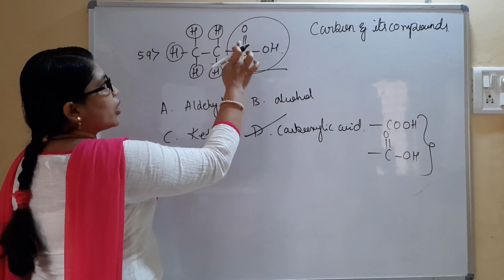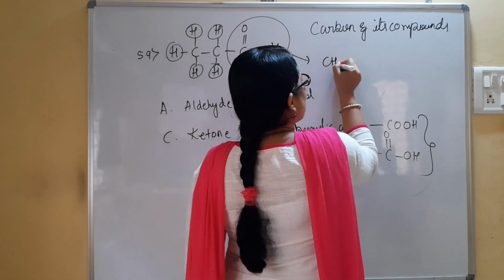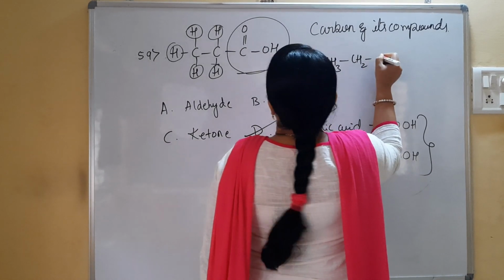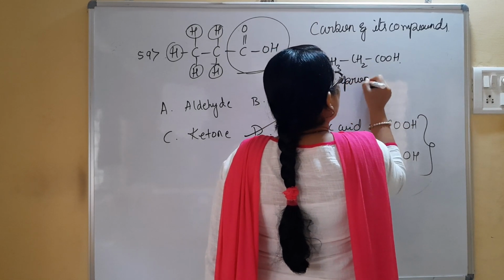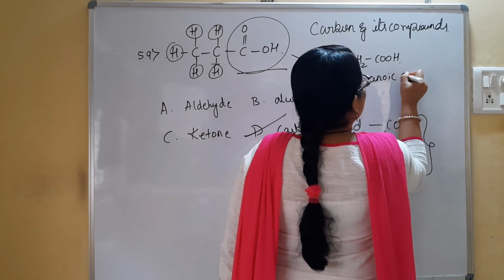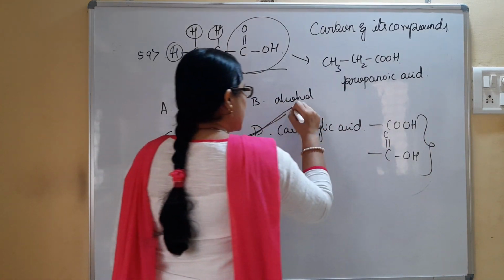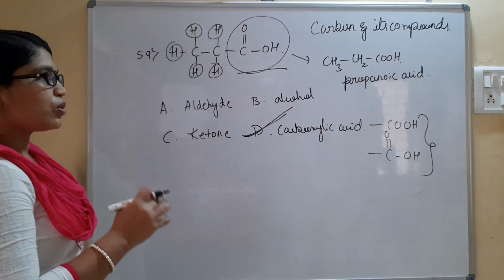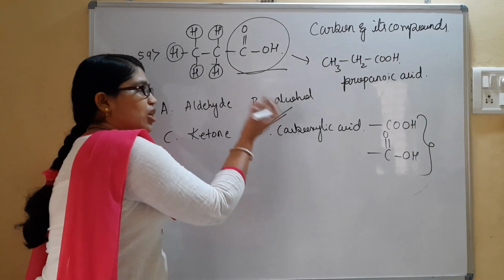In total, how many carbon atoms are there? 1, 2, 3. This molecule can even be written as CH3, CH2, COOH. So the molecule name is propanoic acid. Okay. So the correct option for this question is carboxylic acid. We will see why the other options are wrong.